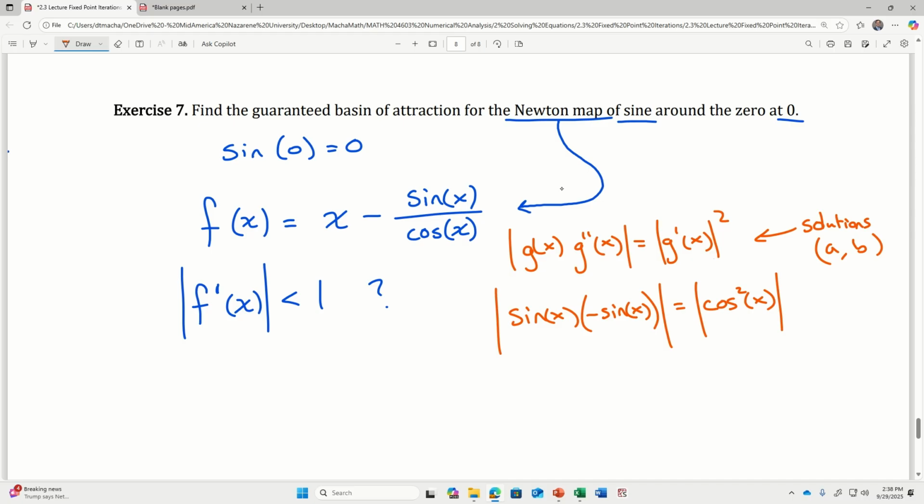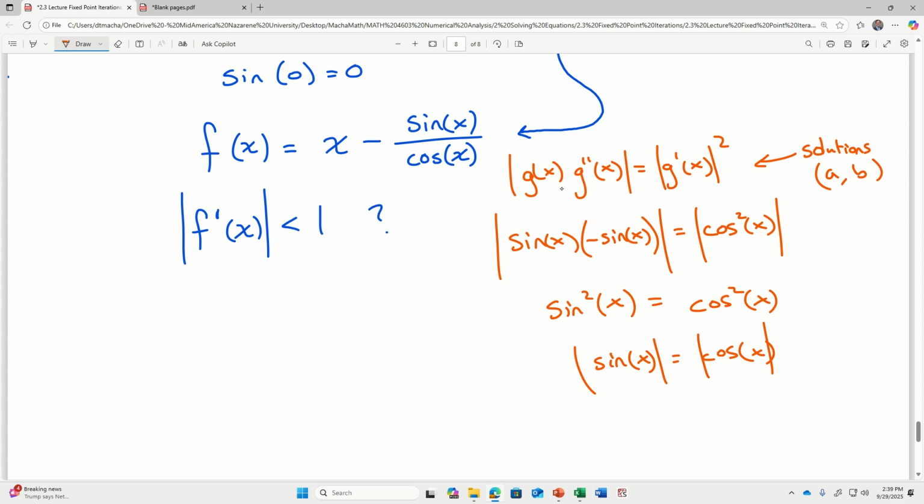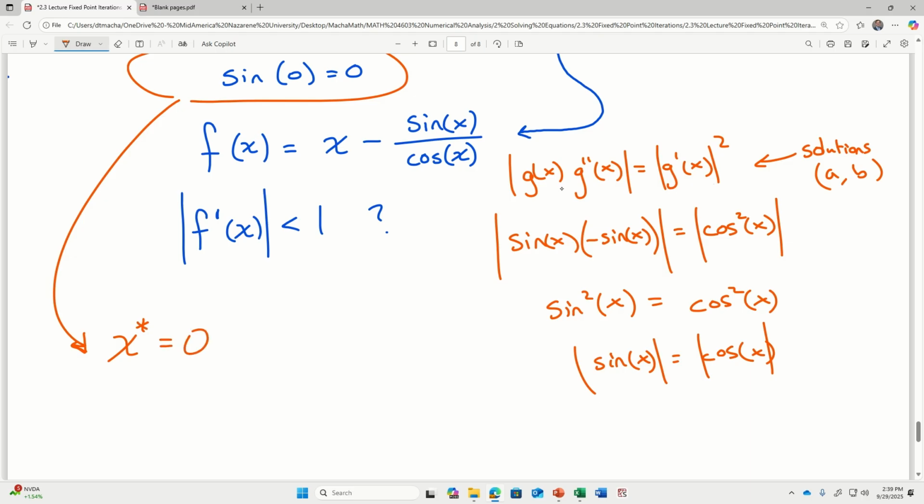Okay, so if it's absolute value, I don't care about the negative. This is just sine squared x equals cosine squared x. And that's clearly true whenever sine is equal to cosine, or at least the absolute value of sine is equal to the absolute value of cosine. And so think about this. If my fixed point is 0, not because sine of 0 is 0, but because that's a 0 of my function, and the Newton map is going to have an attracting fixed point at the zeros of my function.